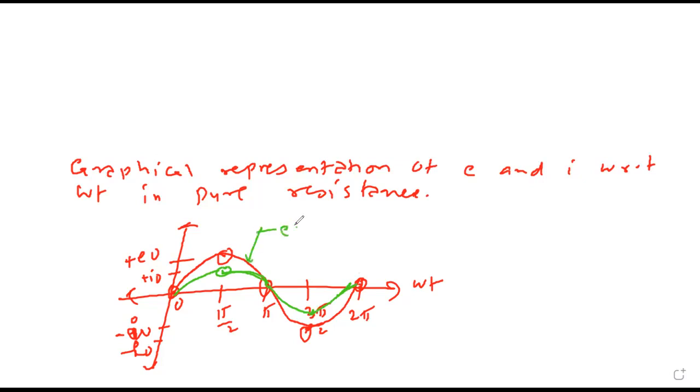This is EMF and this is current. Now in phase means both are simultaneously 0, simultaneously maximum, simultaneously negative. There is a difference in their heights: one is E naught, the other is I naught.